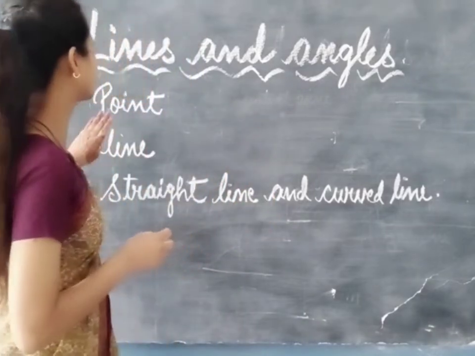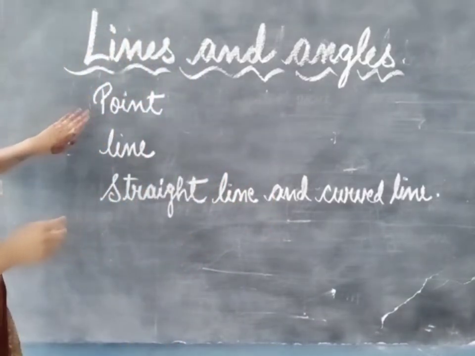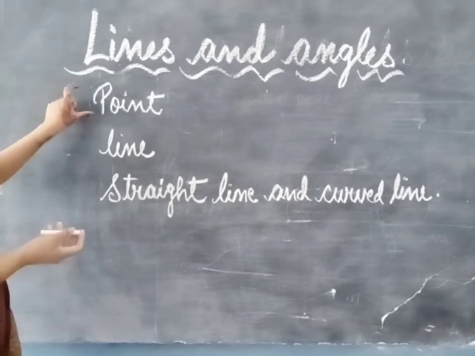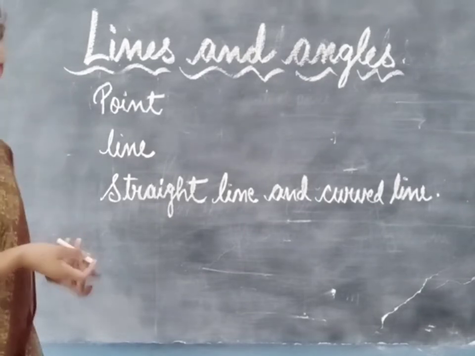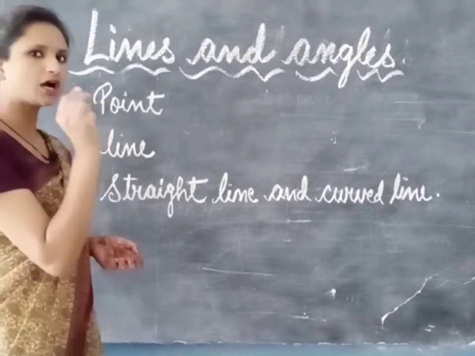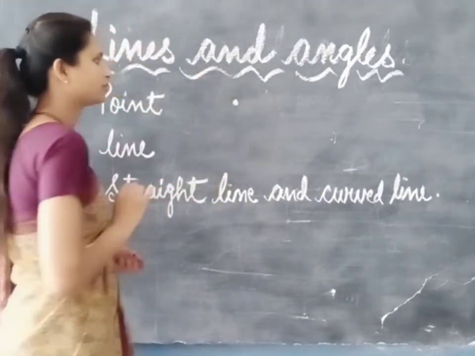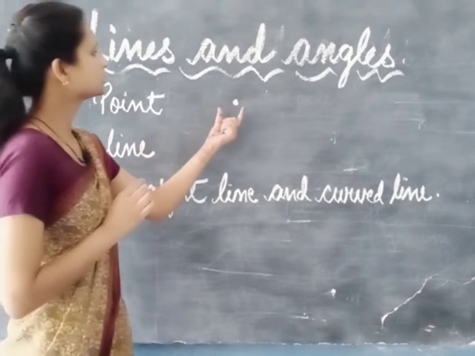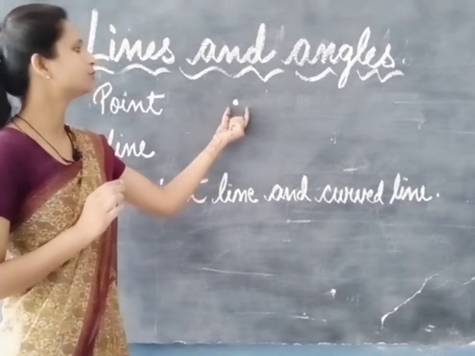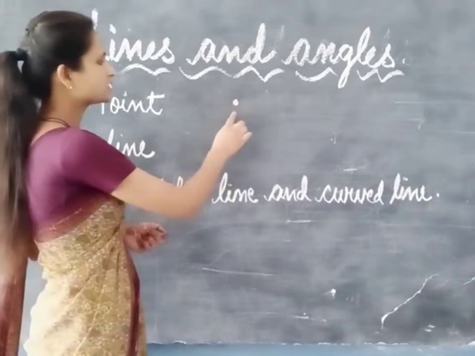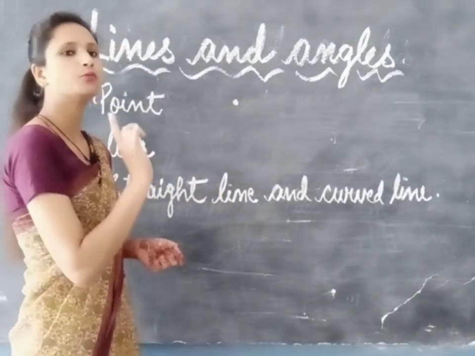Our first basic term in lines and angles is point. So what is a point? Take a sharp pencil and make a dot in your copy. This dot is called a point. It has no length and no breadth.